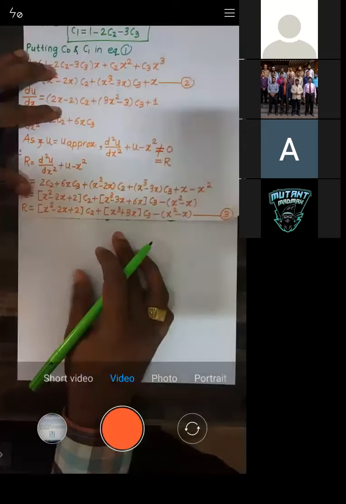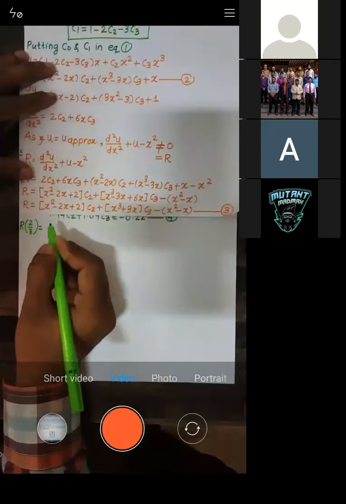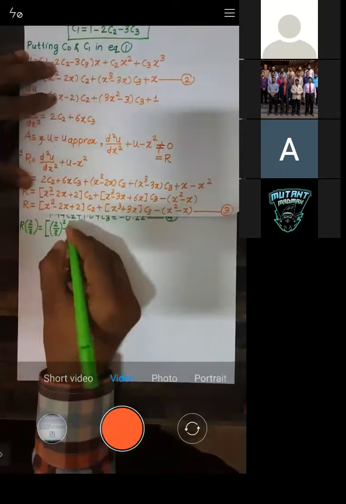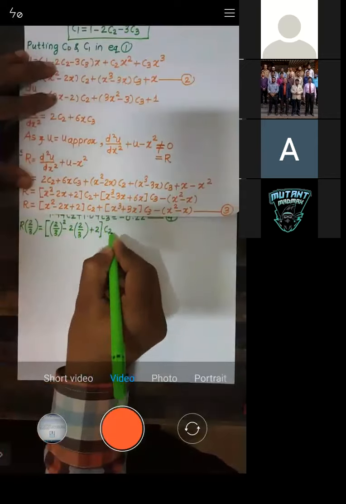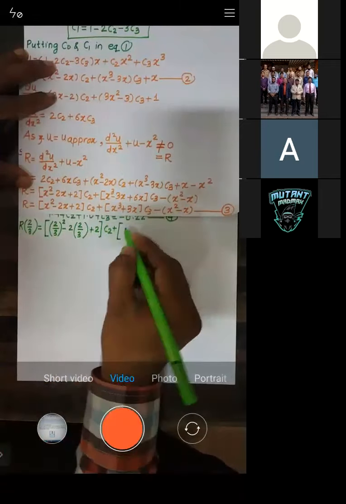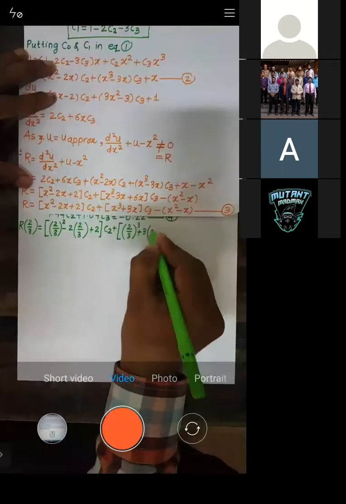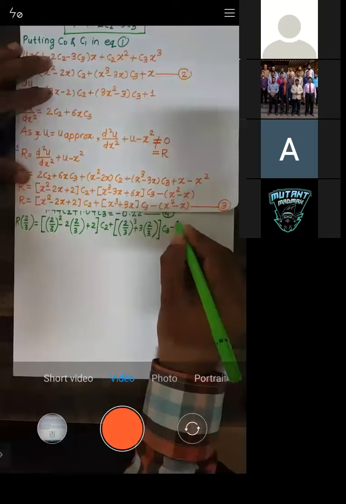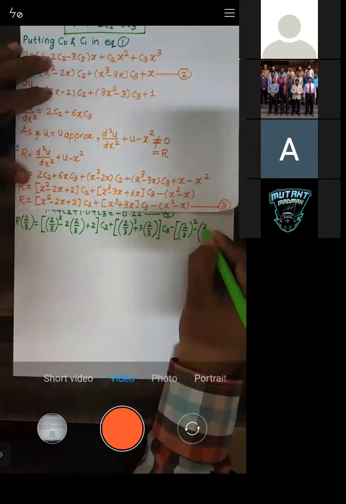So r when x is 2 by 3 is given by (2 by 3) square minus 2 into 2 by 3, plus 2 C2, plus (2 by 3) cube plus 3 into 2 by 3, C3, minus (2 by 3) square minus 2 by 3.